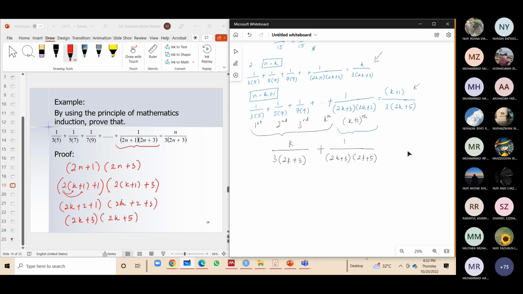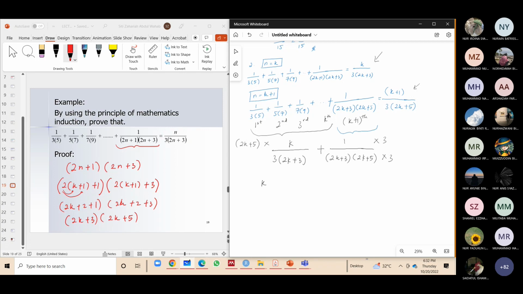Okay, now we want to solve these two and get the same value as on the right hand side. Look at this fraction, look at the denominator. Here we have 3 times (2k+3), and on this side we have no 3, so we have to multiply by 3. And on this side, we multiply by (2k+5).